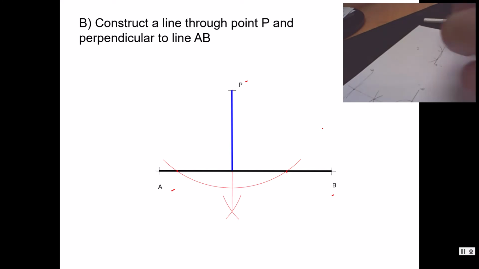So from C, you are going to draw another circle. In terms of the distance, as long as the distance from point C and point D is consistent, it should be okay. So I'm just going to shorten it a bit, draw a circle here, and then from D, another circle.